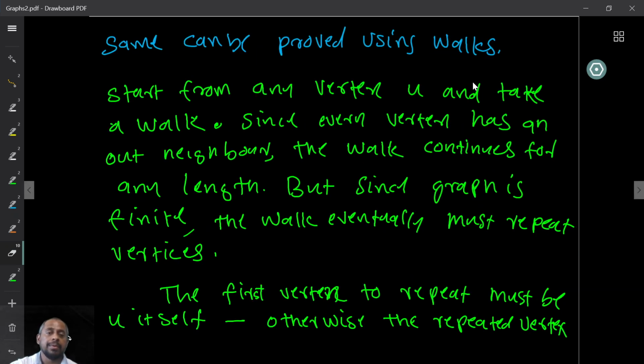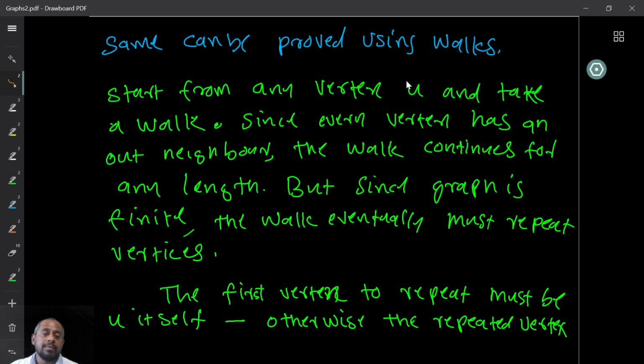And now, we can prove it again using another idea, that you just look at walks. So what you do is that you start from any vertex, let's say u. Okay. So given this graph, you start from some vertex u. Now take a walk. You can take a walk because every vertex has one outgoing edge, so you go out, right? Now the walk continues, but since the graph is finite, the walk eventually must repeat the vertices.